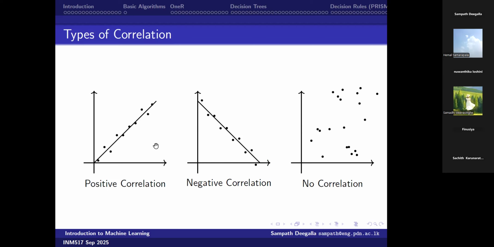If you have two attributes with numbers, and when X increases Y also increases, we say positive correlation. When X increases and Y decreases, we call it negative correlation. If it is spread evenly, we say no correlation. One of the assumptions is that there's no correlation among the attributes, which is not true.